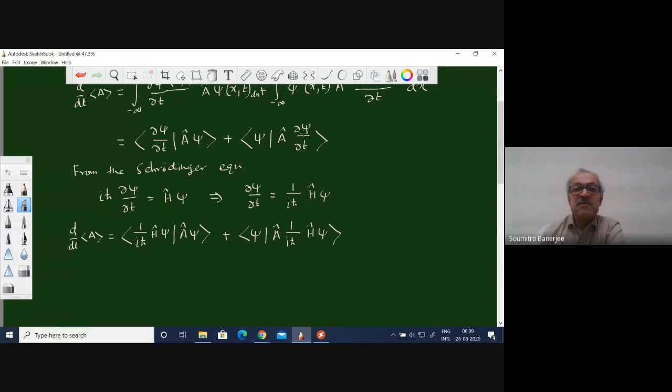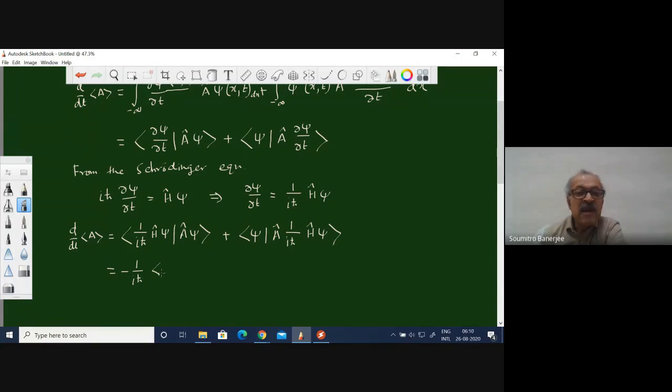We have substituted here. Let us bring this i h cross up front. From here, it is coming from the bra side, so it will be conjugated. It is coming from the ket side, so it will not be conjugated. And so it will be minus 1 by i h cross.